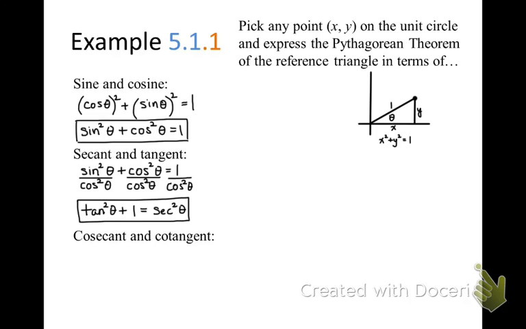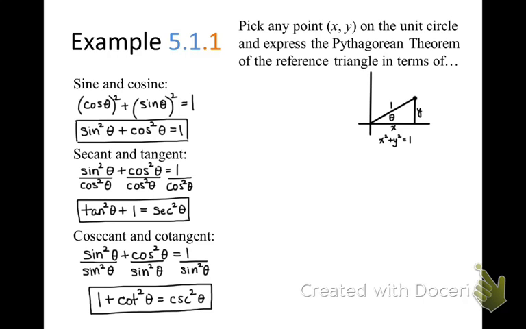So why don't you guys try and figure out what that cosecant and cotangent one looks like, and I'll put the solution up as well while you guys are working. All right, so that concludes the cosecant and the cotangent. This is what you should have gotten. You should have gotten divided by the sine squared this time, because then you end up with cosine over sine to force the cotangent, and then the cosecant follows from this.